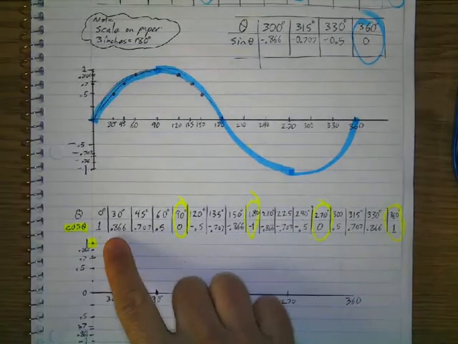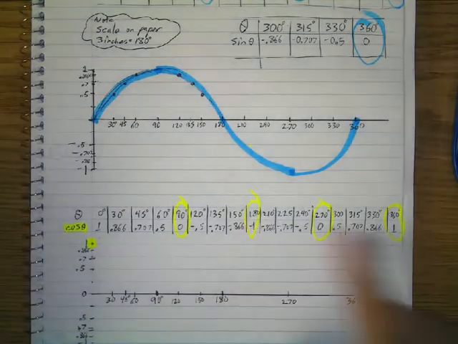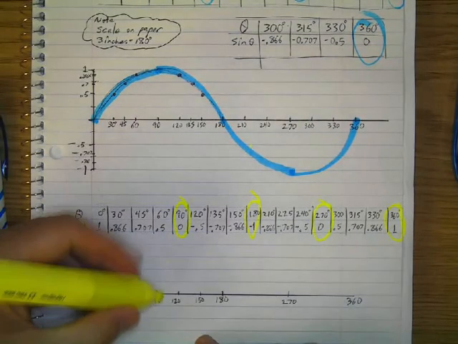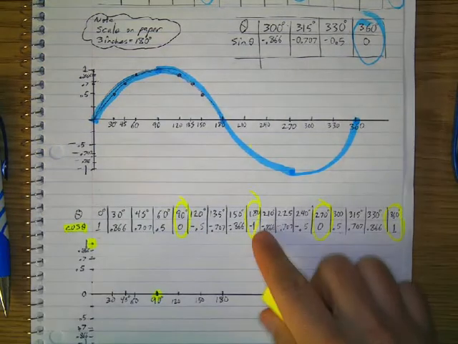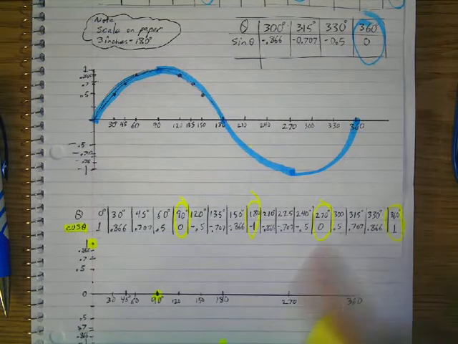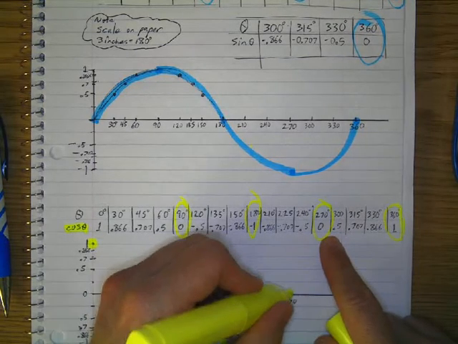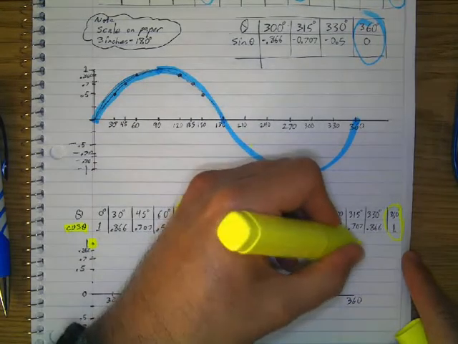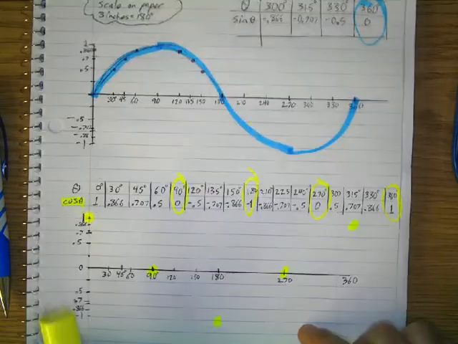So, let's plot the ones I've circled first. So at 90 degrees, we're at 0. At 180, we're at -1. At 270, we're at 0. At 360, we're at 1. So those are the main points that we need to make sure we follow.